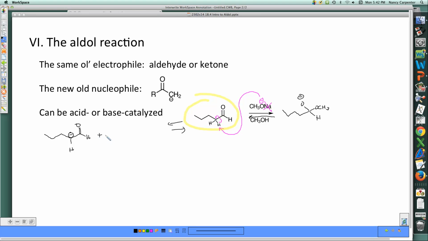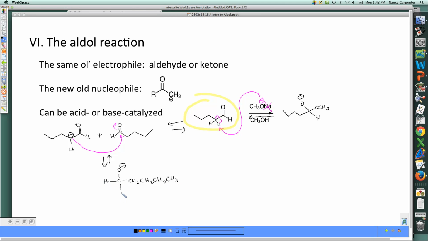So, draw up another molecule of pentanal, and nucleophile, meet electrophile. Now, it's important to note that this too is a reversible step, and it's completely legitimate to be wondering, well, why wouldn't this go back the other way?